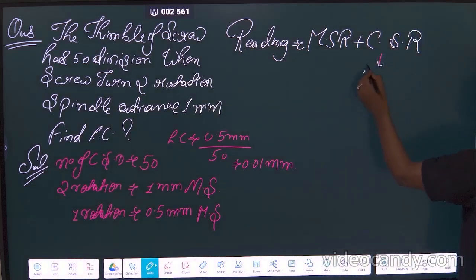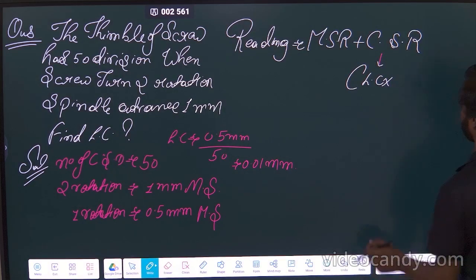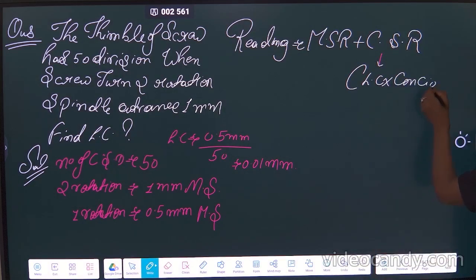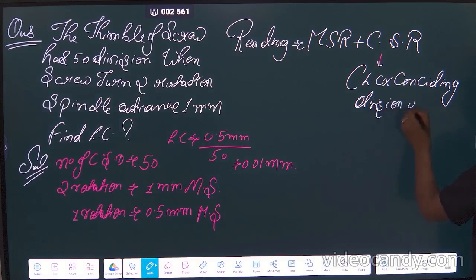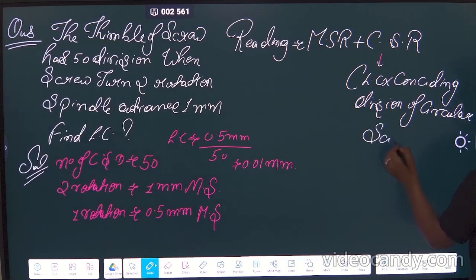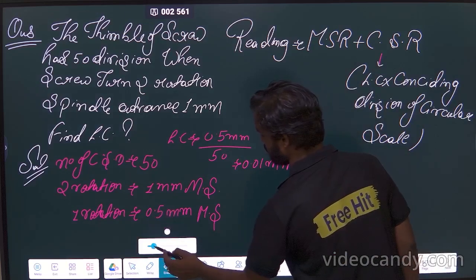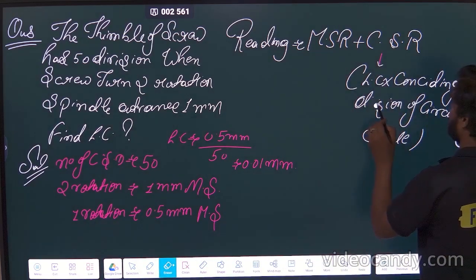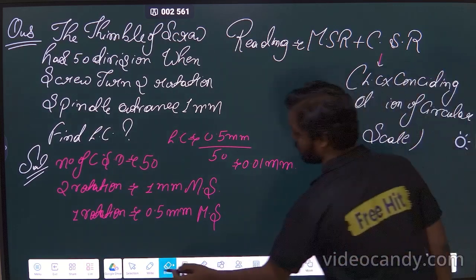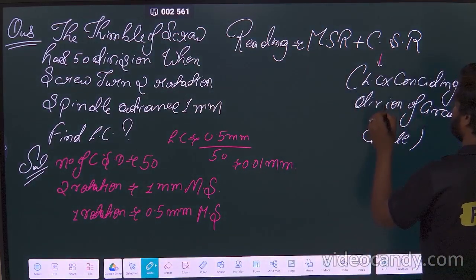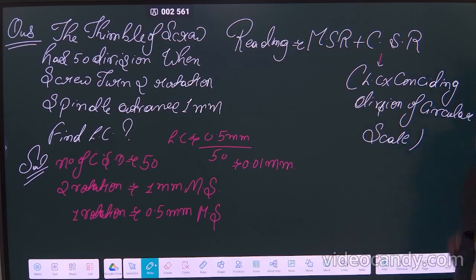My circular scale reading is least count into coinciding division of circular scale.